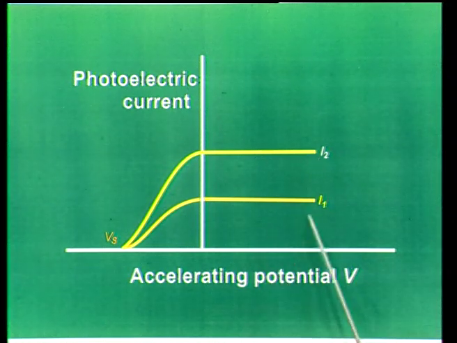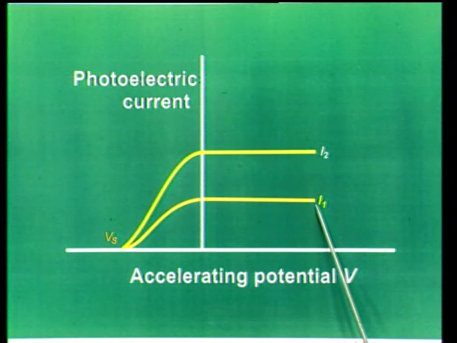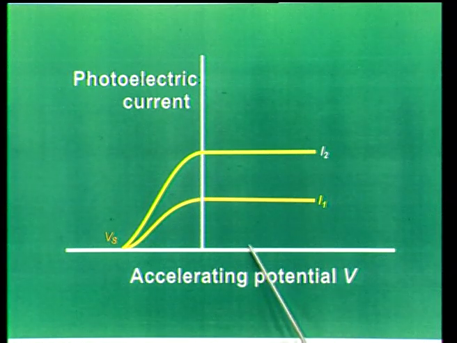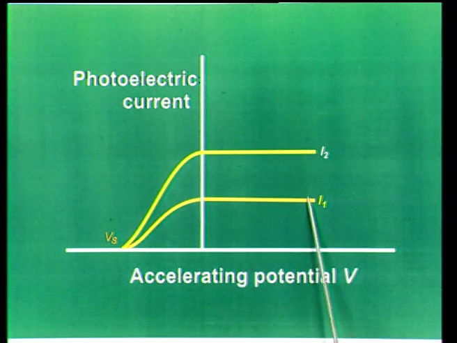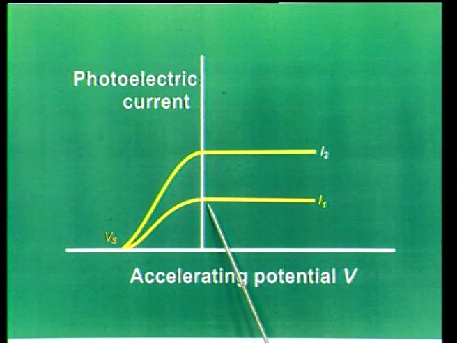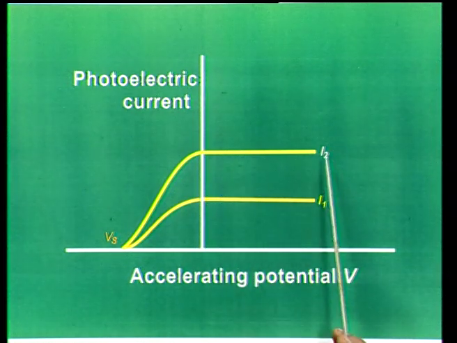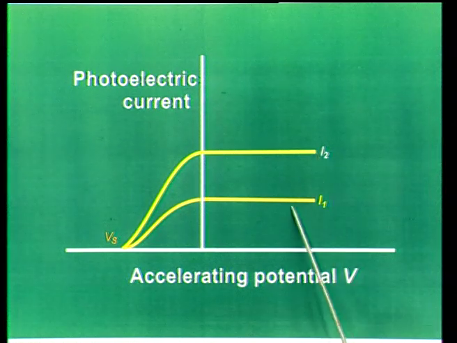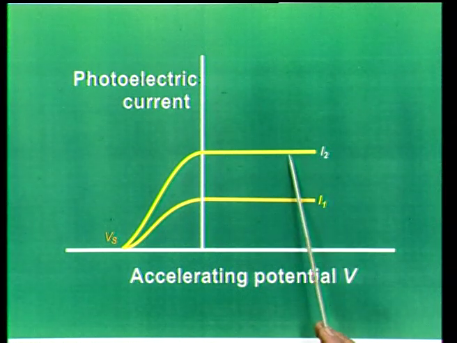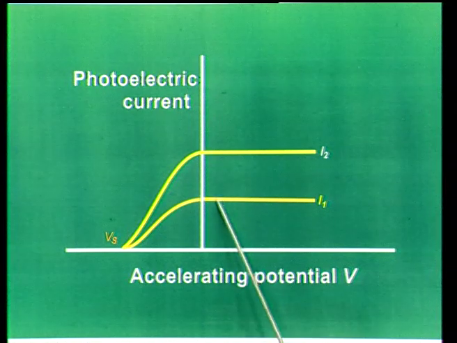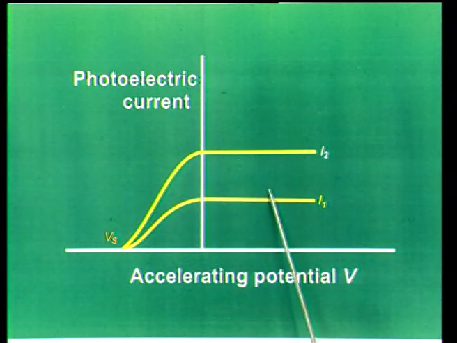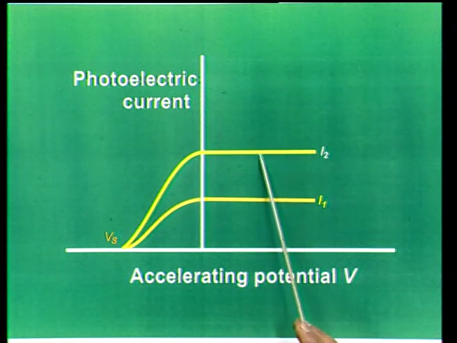With the I1 intensity bulb, we vary the accelerating potential. As it is decreased from a high value to 0, the current stays constant throughout. The same holds for the other bulb with double the intensity, which also gives a constant value. These constant values for I1 and I2 are called saturation currents.